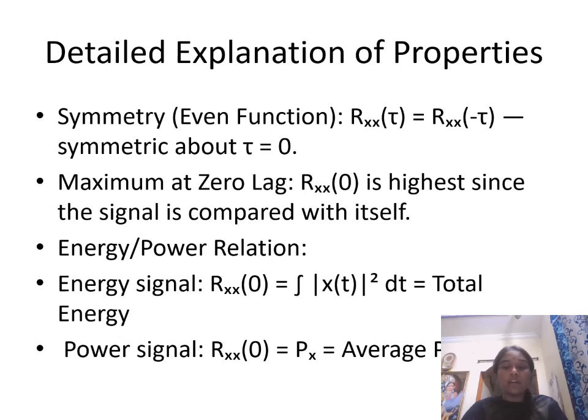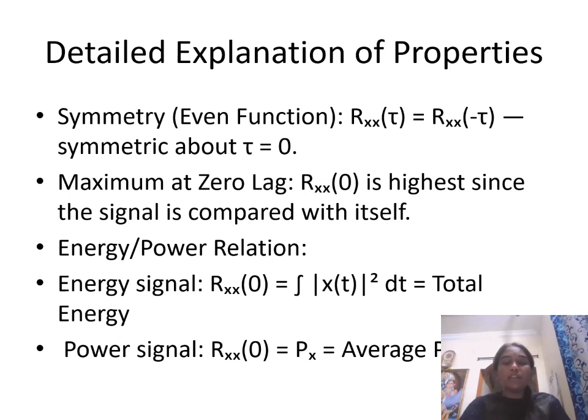For a power signal, Rxx of 0 equals P, that is the average power of the signal. Non-negative definiteness: the autocorrelation function is always non-negative definite, meaning Rxx of 0 is greater than or equal to the modulus of Rxx of tau. Then the Fourier transform relation and power spectral density, and periodicity.